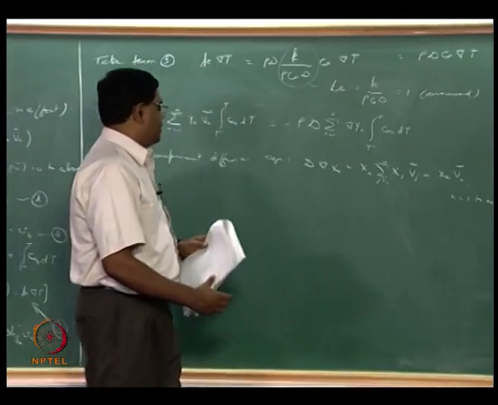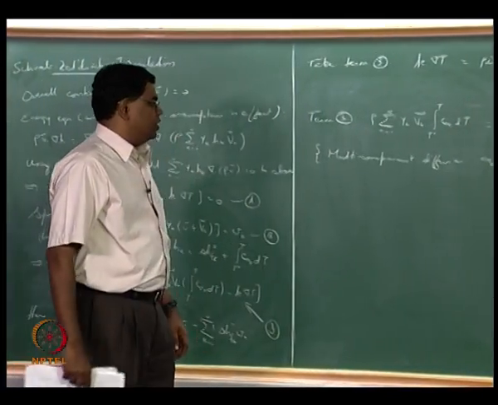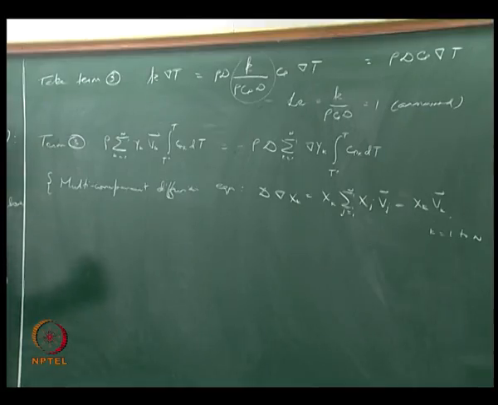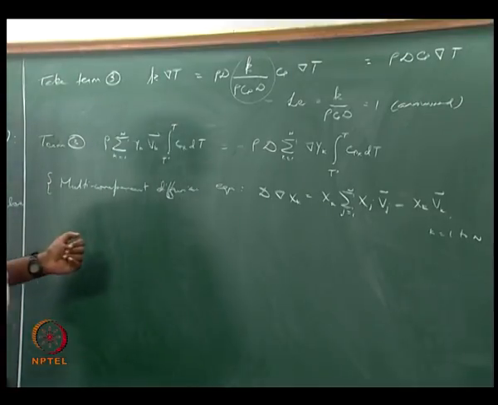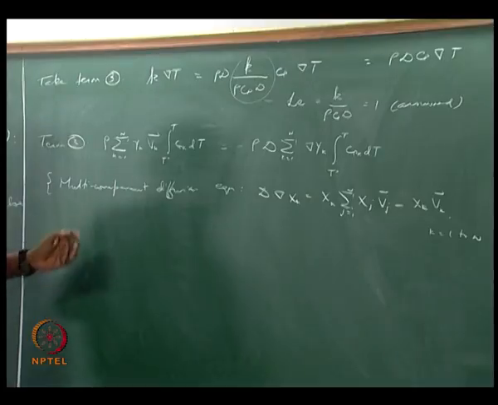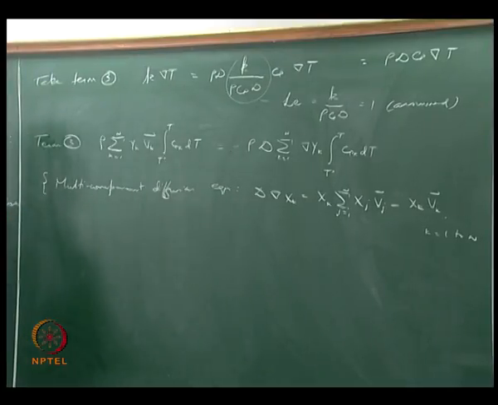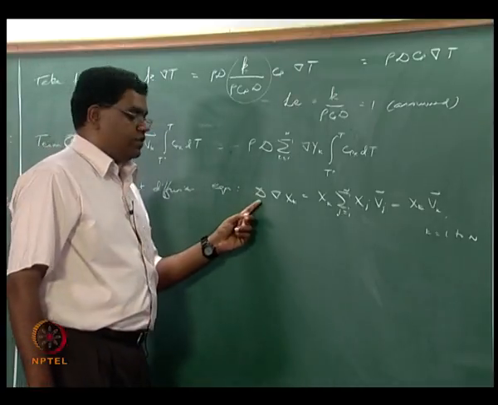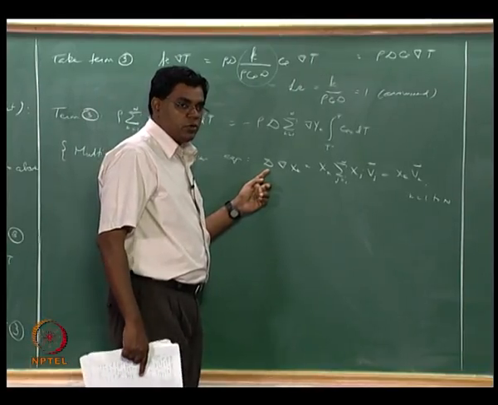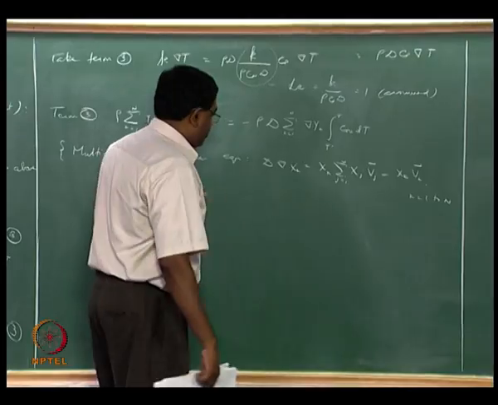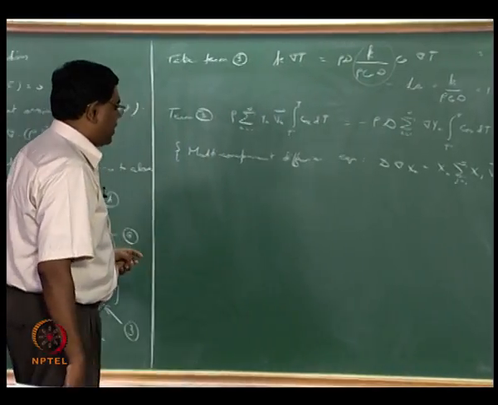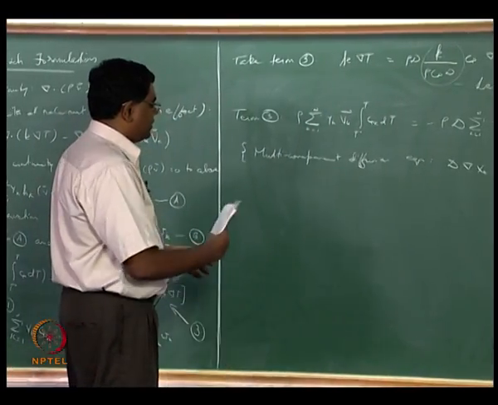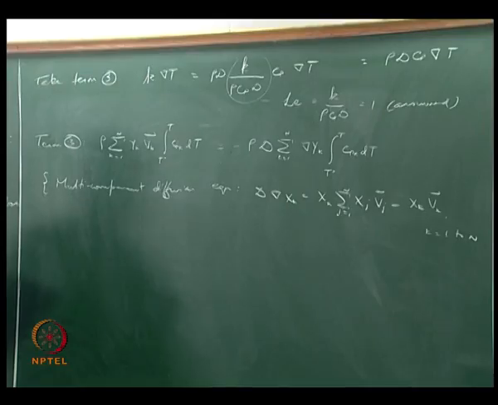This is to say, in the multi-component diffusion equation, only the first term on the right hand side survives, and all the other terms vanish because of the assumptions that we have made exclusively to get rid of them. We also have made the assumption that all the binary diffusion coefficients are equal to d. So you just have to unwrap the left hand side and the right hand side together in the multi-component diffusion equation to get this.